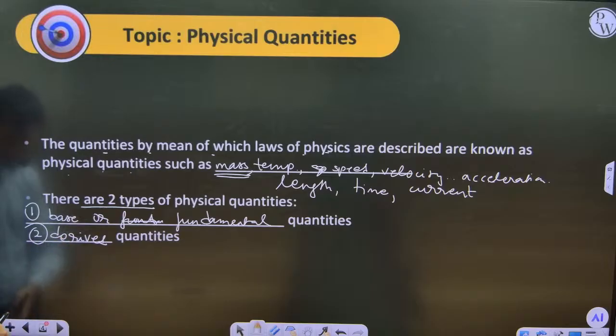Okay, so let us see what are derived quantities first, right? It's easier to make sense once you know what are derived quantities. Then we'll go to fundamental or base quantities.